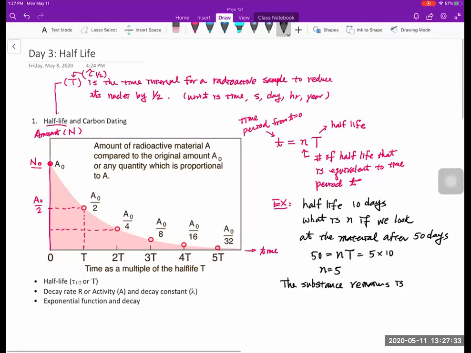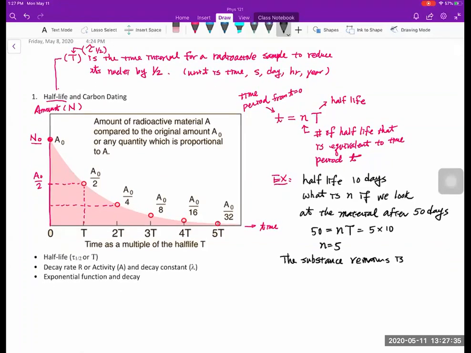The substance remaining will be based on this equation. Let me write it down here. N is the amount of nuclei that you have after a certain period of time, and it has a ratio based on how many half-lives you pass through.